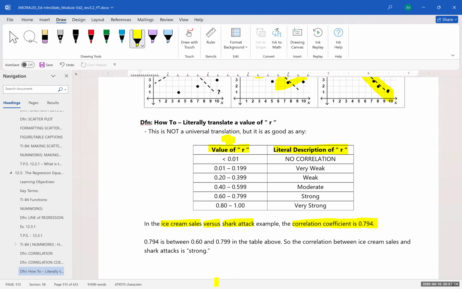Well, 0.794 would be right here between 0.60 and 0.799, just barely, right? So this would be considered a strong correlation. So the correlation between ice cream sales and shark attacks is strong.